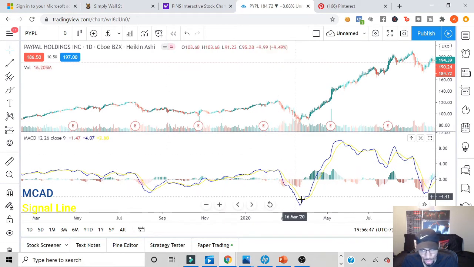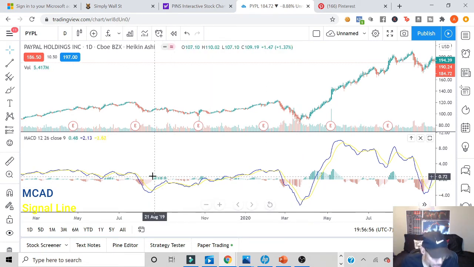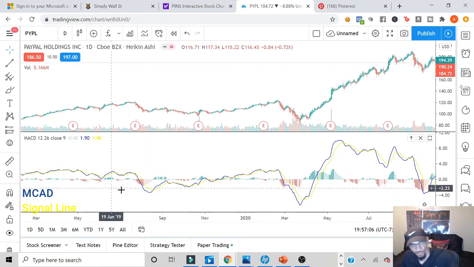So there are several crosses. And remember what I said, I like it to be farther apart from the zero line with a large space, because those are the strongest signals. The closer they are and the less apart, it's not that clear of a signal, so it could be considered a choppy market. To give clear signals, it'd be that large gap far away from the zero.